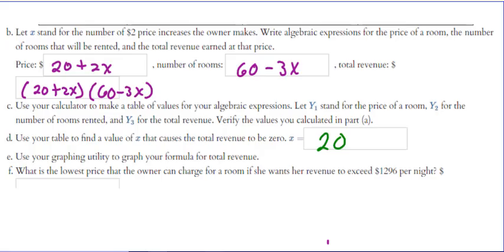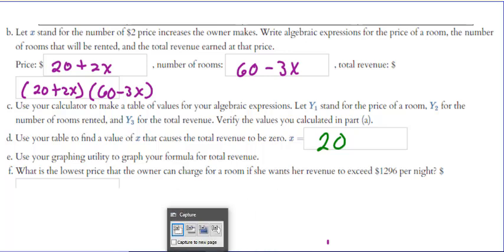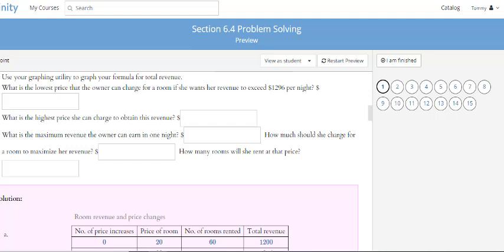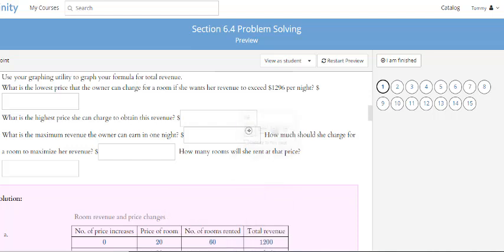And let me see here. I need to grab that real quick, and I want to go here.